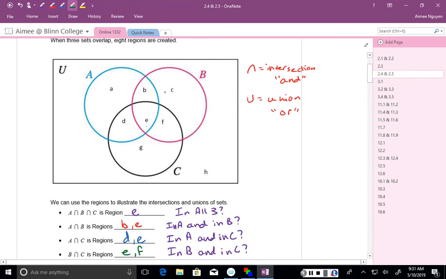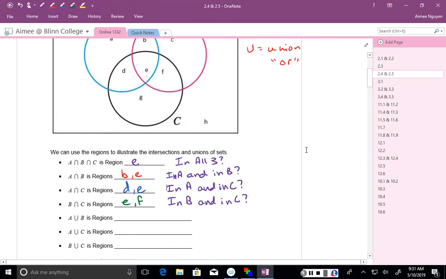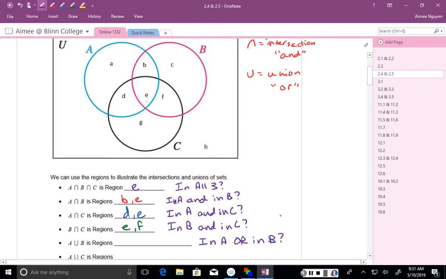Now let's talk about a union. When I look at a union, this is my "or". So this says anything in A or in B. This means all of the things that are in A or all of the things that are in B. So when I look at this, all of the things in A, all of the things in B, when I write them, I do not overlap.